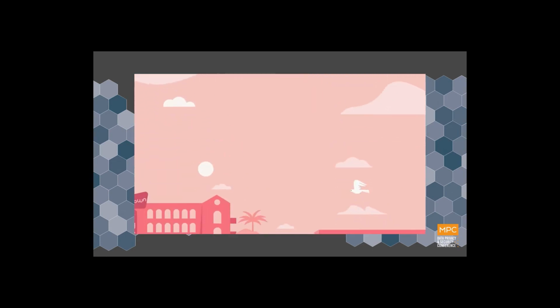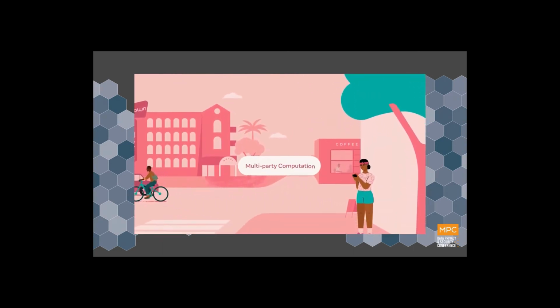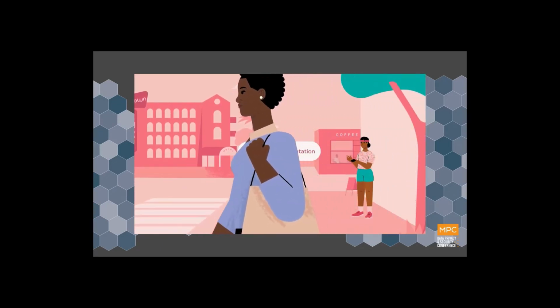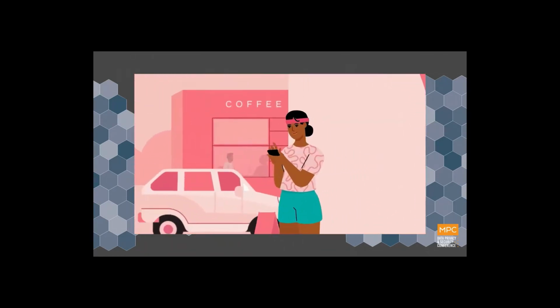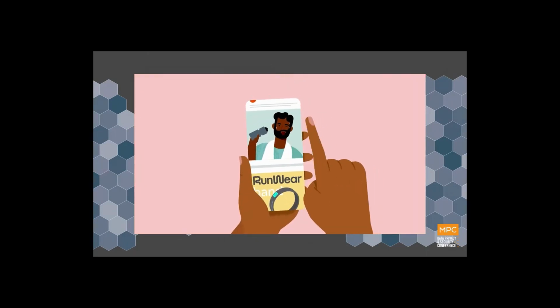Privacy-enhancing technologies can minimize the amount of data collected and processed to help protect personal information. Here's how one of those technologies, multi-party computation, can help Facebook keep ads relevant and protect the personal information of people like Nella. Nella sees a watch that's perfect for her, and she buys it.